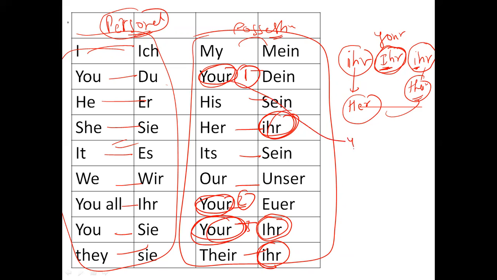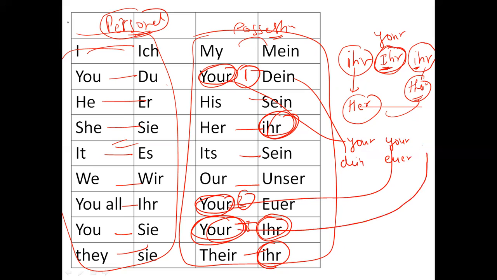This is dein, this is euer, second your is here. And the third your is here. This is Ihr with capital I. So all are your. One your, second your, third your.